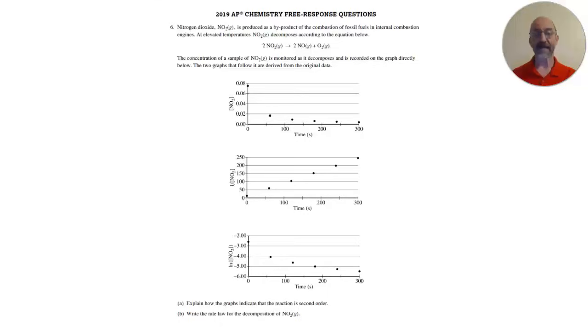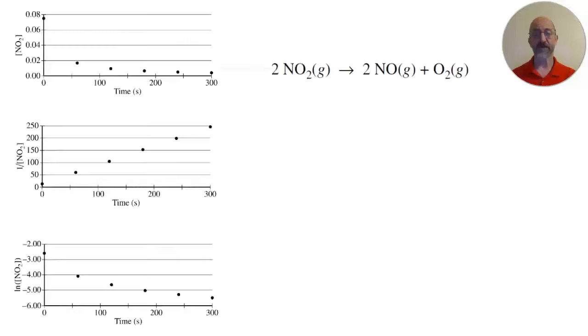On the x-axis of these graphs, we see time in seconds, but on the y-axis, it's either concentration of NO2, or 1 over the concentration of NO2, or the natural log of the concentration of NO2. And hopefully you can see, even from this far away view, that one of them is a linear graph. Now in part A of this question, it says explain how the graphs indicate that the reaction is second order. Let me go ahead and zoom in a little bit more closely on these 3 graphs.